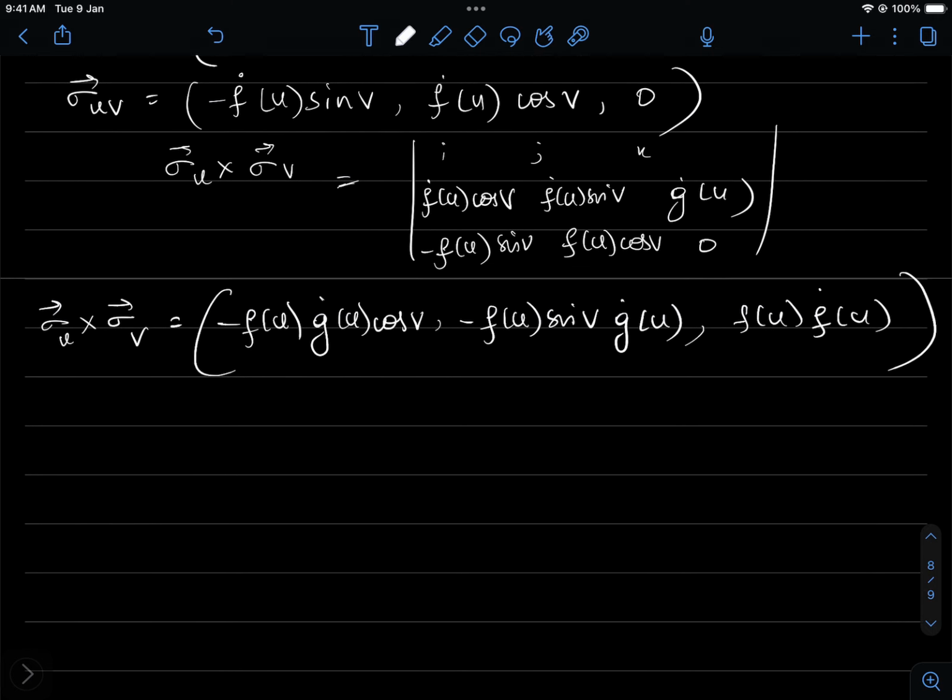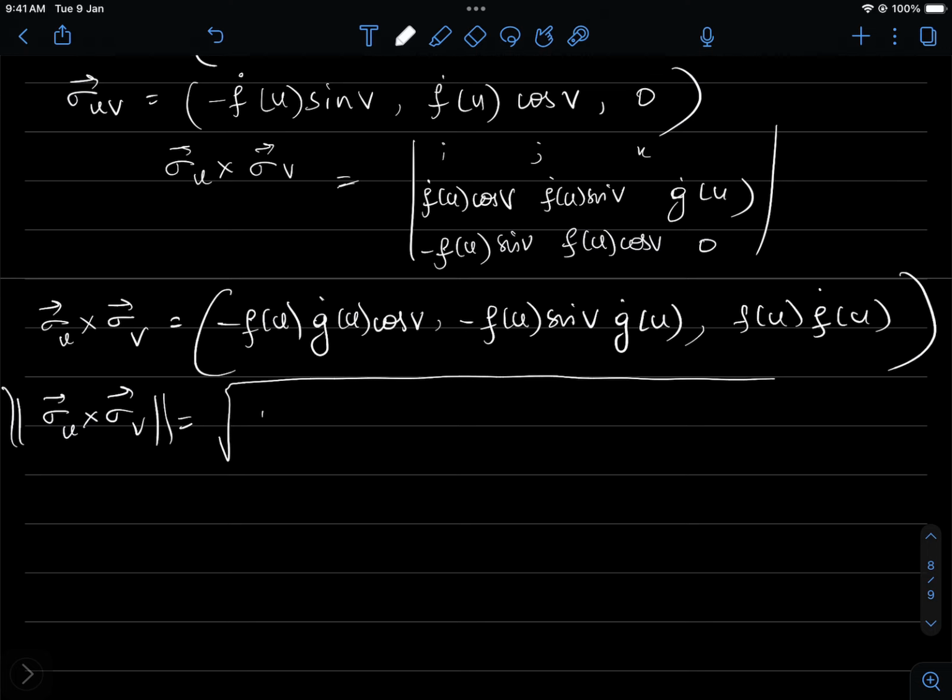So what is the magnitude of sigma u cross sigma v? Take the square root of the square of each component added together.